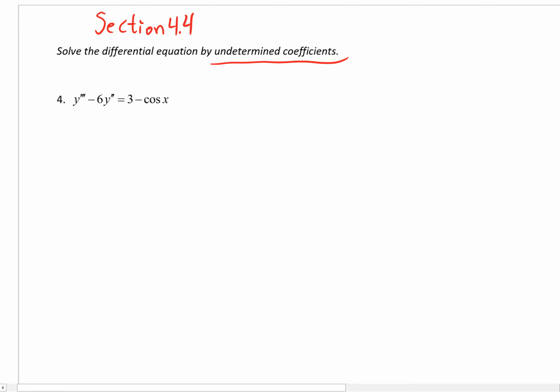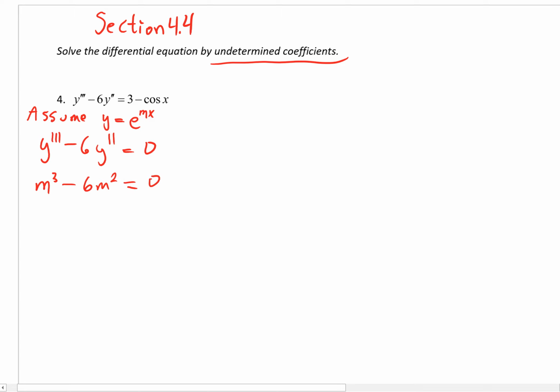Here's what we have to do first, though. We're going to solve the homogeneous differential equation. We assume that y equals e to the mx here. And when you get that, you'll have m cubed minus 6m squared is equal to 0.